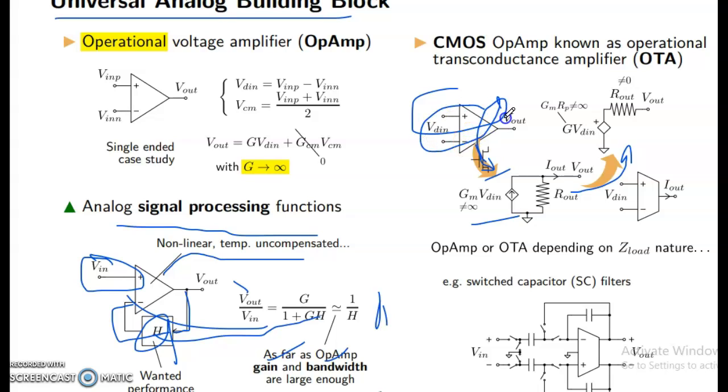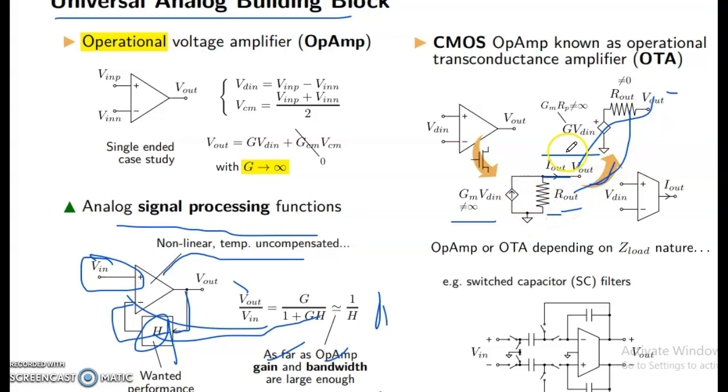This operational amplifier equivalent circuit has R out, I out, V out, and a source GM VDM.